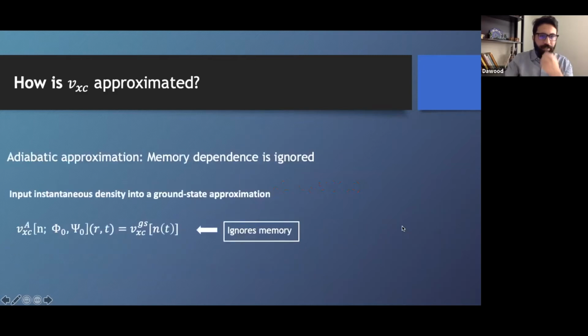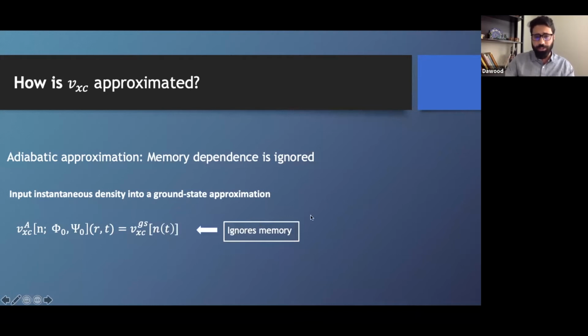Well, one of the approximations is the so-called adiabatic approximation, in which the memory dependence, the non-local dependence on time, is completely ignored, and instead an instantaneous density is inserted into the ground state approximation for the XC potential.